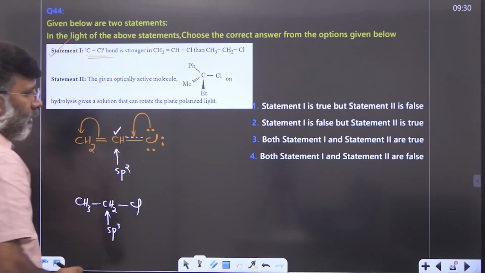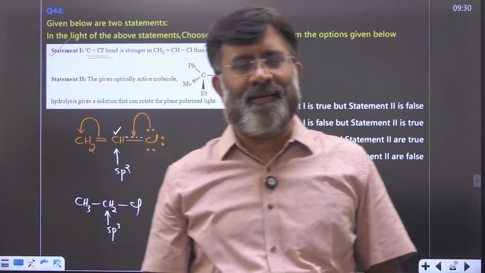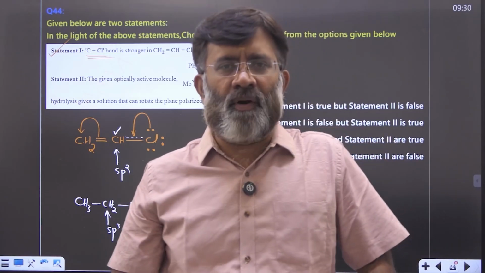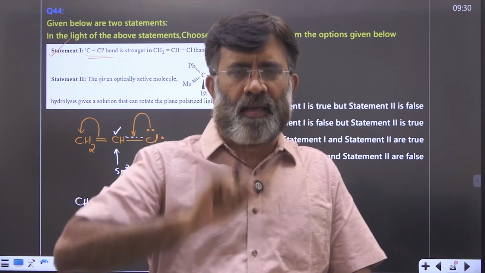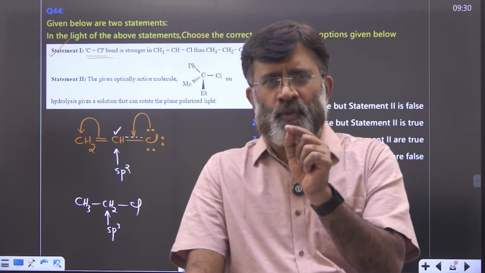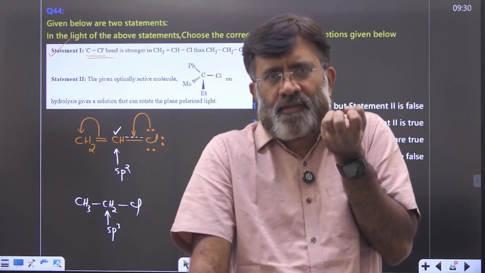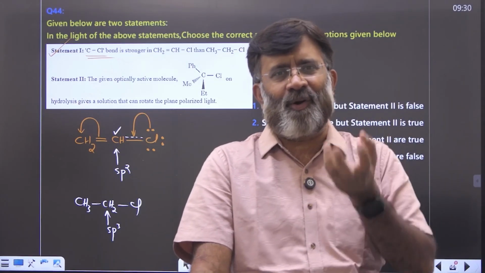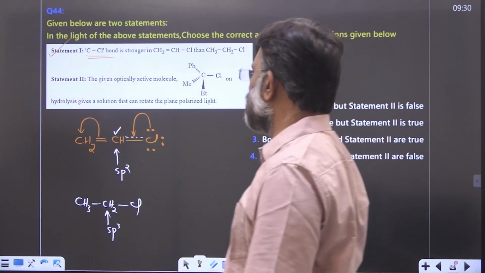This is more electronegative, and that will pull the electron density towards it, causing a decrease in bond length. So number 1, due to resonance, there is a partial double bond character. Number 2, since it is sp2 carbon, it has more electronegativity, pulling the electron density towards it, causing a shorter bond length. So definitely statement 1 is correct.